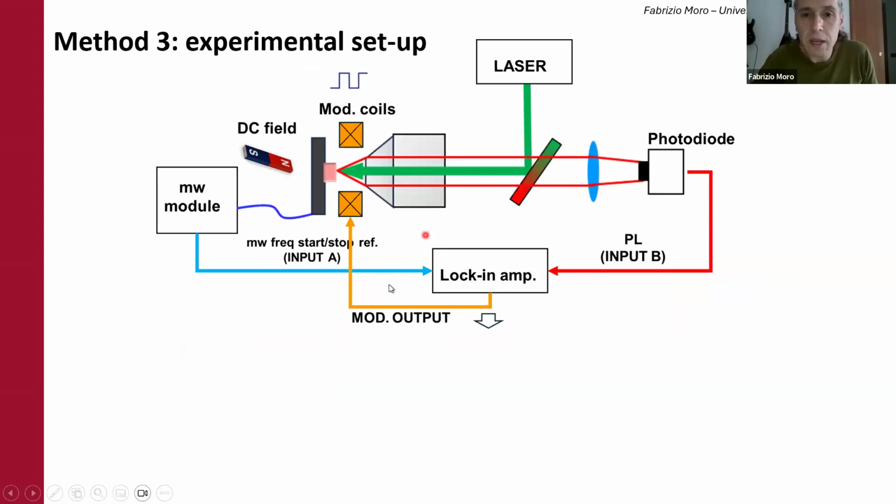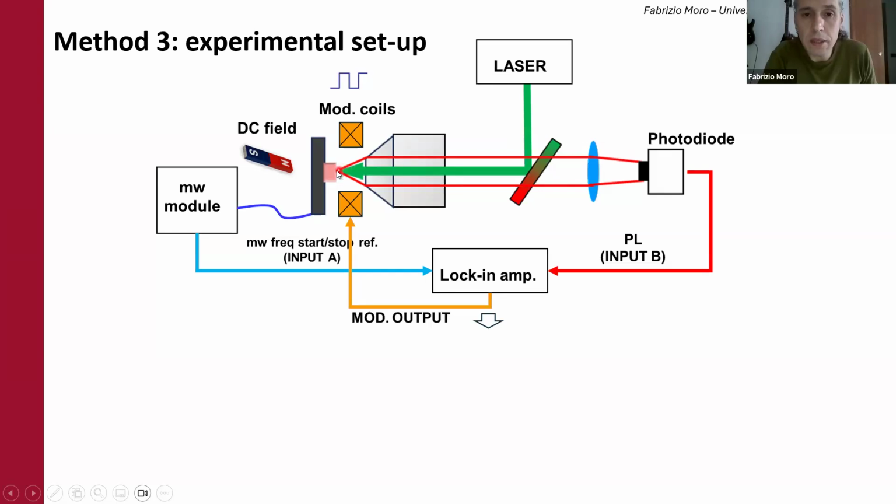And this is the experimental setup which I have employed in order to implement the lock-in detection methods. Briefly, I have used a green laser that is reflected by a mirror and focused through an objective onto the diamond crystal. In this case, it is a microcrystal with a high concentration, 2-3 parts per million, of NV centers.